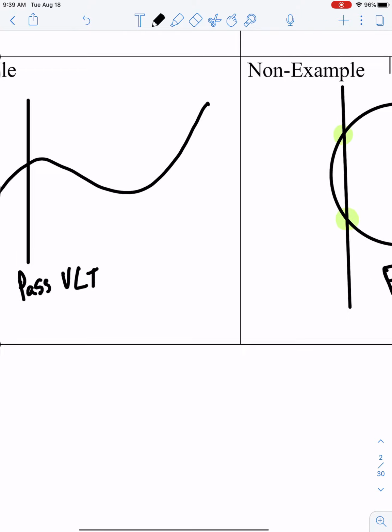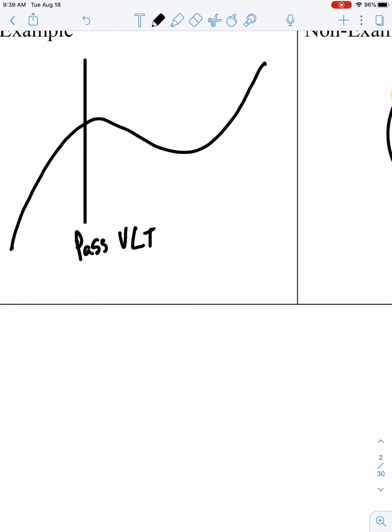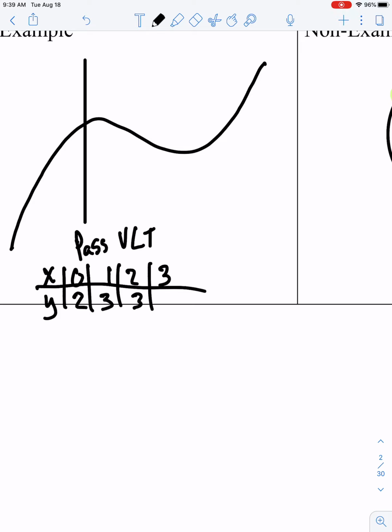And again, if you have a set of points or a table, we are not concerned with the y's. Our big concern is my x values.